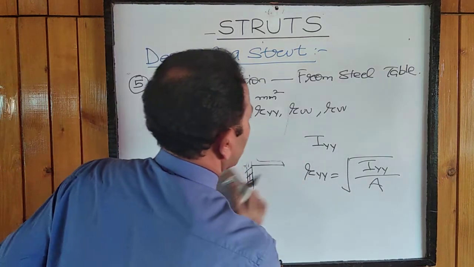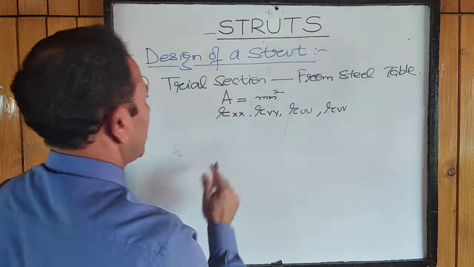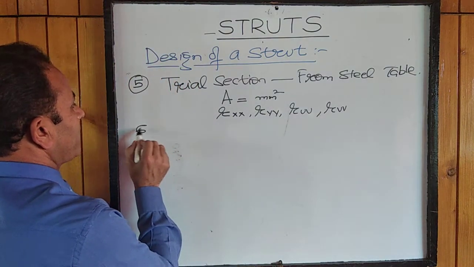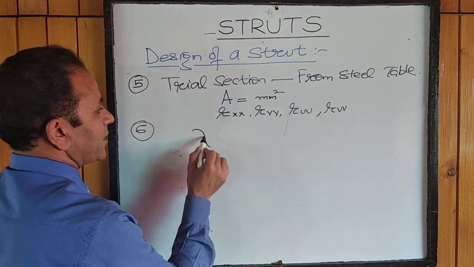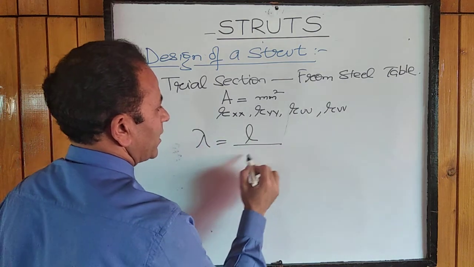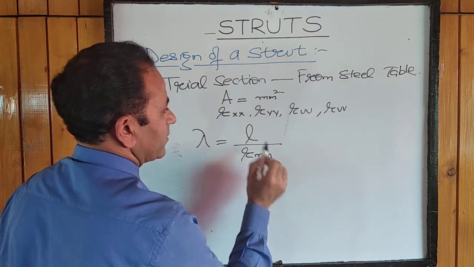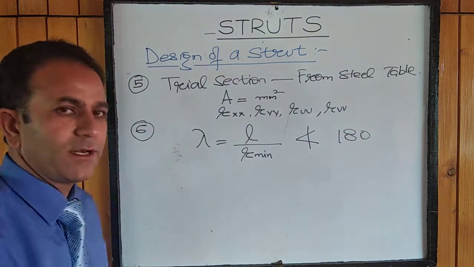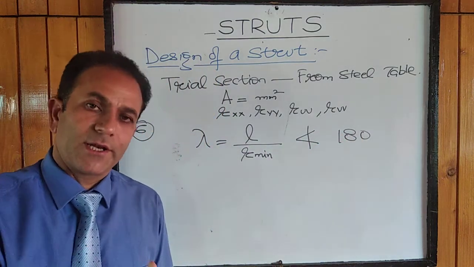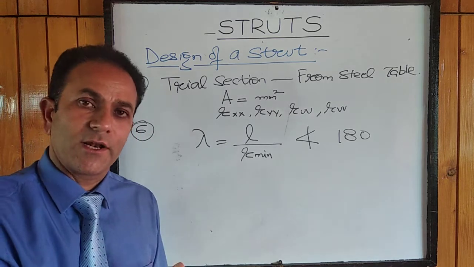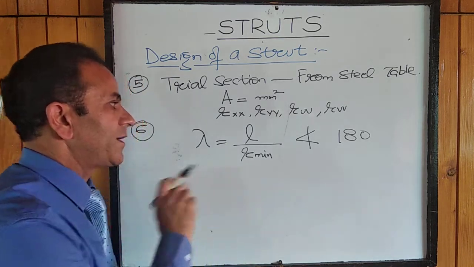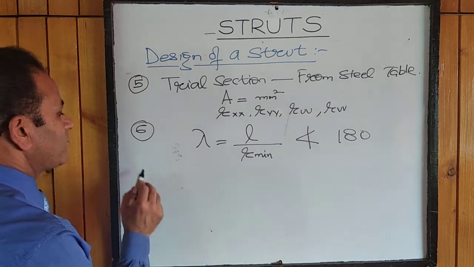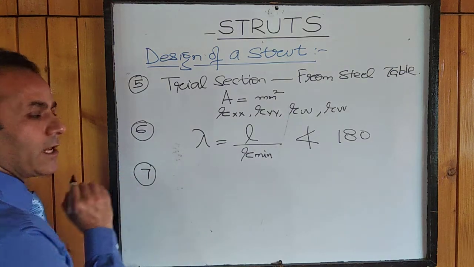So we'll find out r minimum, and then we'll calculate the slenderness ratio, L upon r minimum. Slenderness ratio should not exceed 180. This is the condition. If it is exceeding, we'll revise the section right here and take another section such that this condition is satisfied.